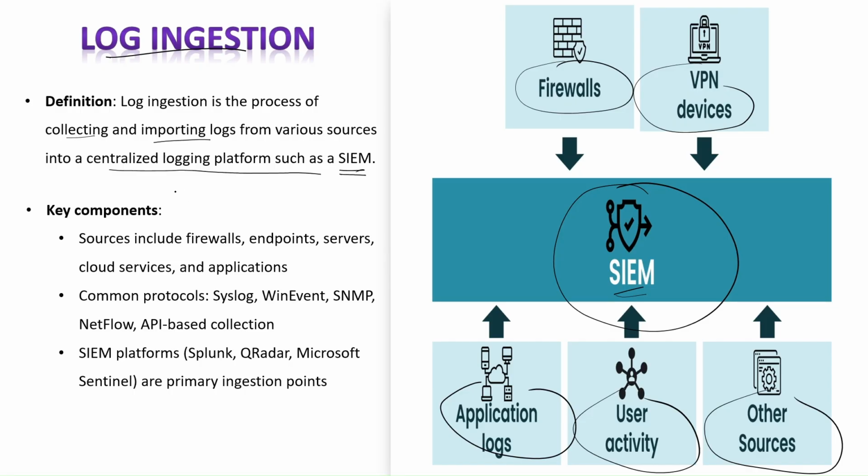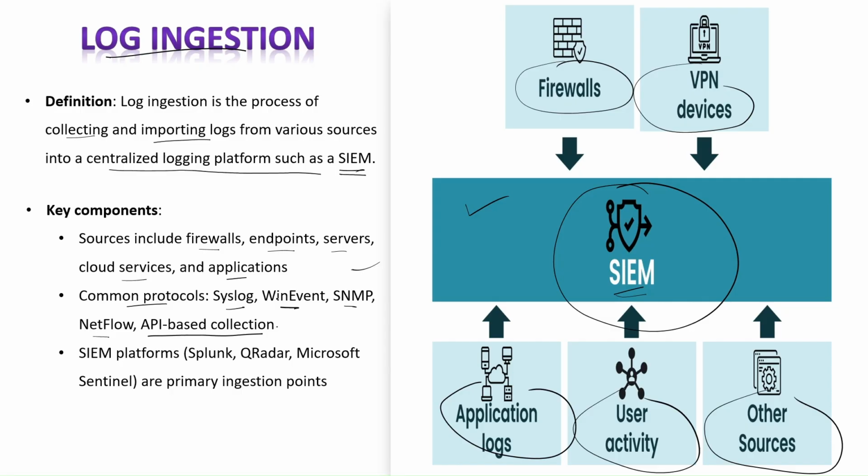Key components of this SIEM solution include the log sources such as firewalls, endpoints, servers, cloud services, and applications. These logs are ingested from these devices through protocols. These protocols include syslog, WinEvent, SNMP, NetFlow, and API-based collection.